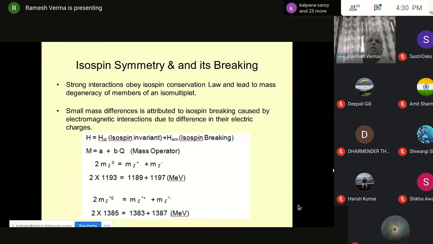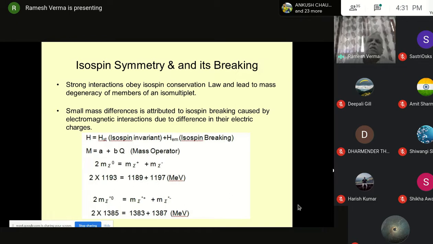Exactly in the same way, this small mass difference can be attributed to an isospin breaking Hamiltonian. What does it mean? It means it has to be proportional to some component of isospin, say I3. And one can also understand this is essentially caused by electromagnetic interaction due to difference in their electric charge. I hope we remember the Gell-Mann-Nishijima formula, which relates the charge of a hadron with the third component of isospin, that is Q equals I3 plus (B plus S) over 2.